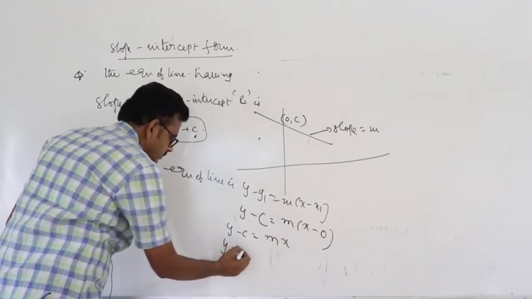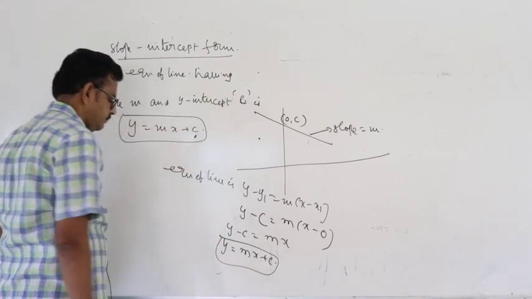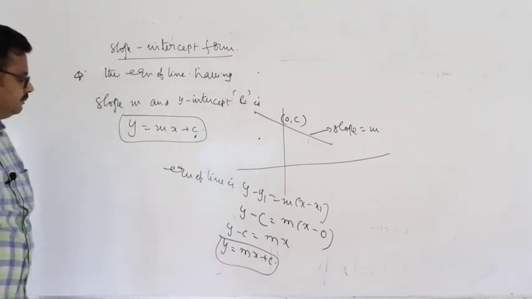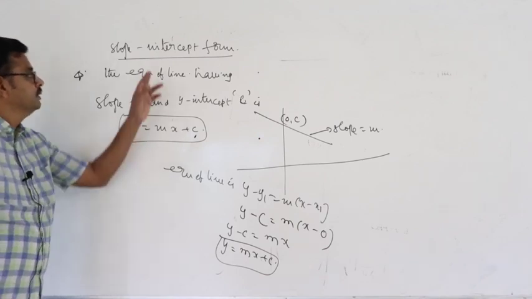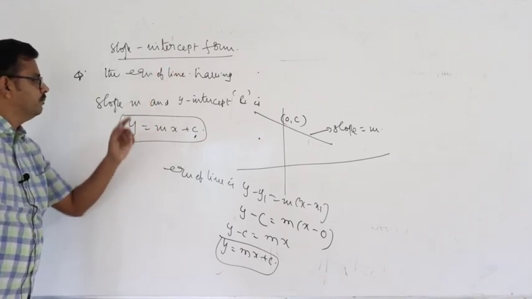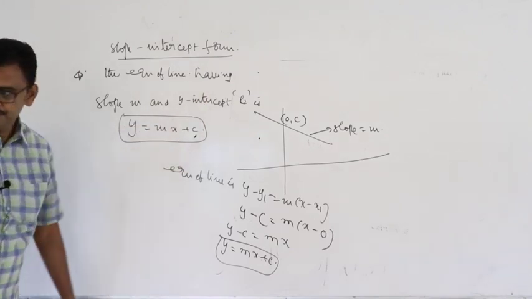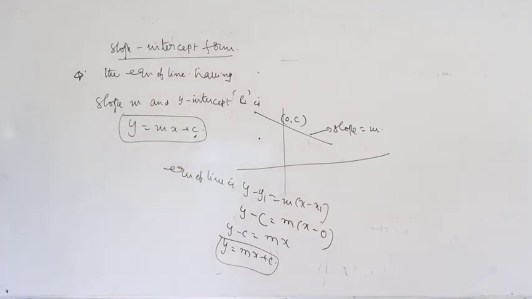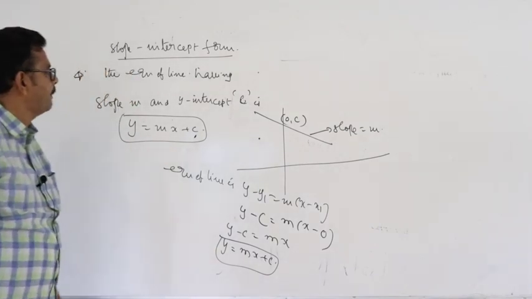Therefore y is equal to mx plus c. So this is called slope and intercept form. Intercept means what? Y-intercept. Y is equal to mx plus c.